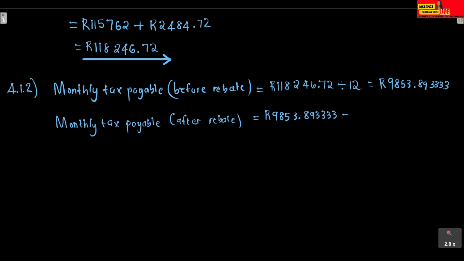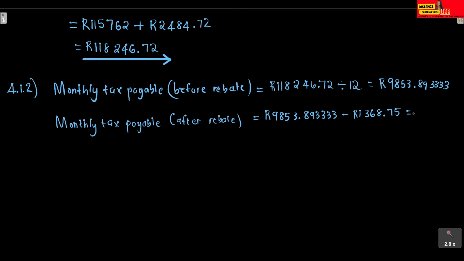We are applying the same concept that we know when calculating the tax payable, but in this case we are focusing on how much tax Mr. Lowe pays monthly instead of yearly. So we look at the monthly tax payable, and we still need to subtract the rebate of R1,368.75.